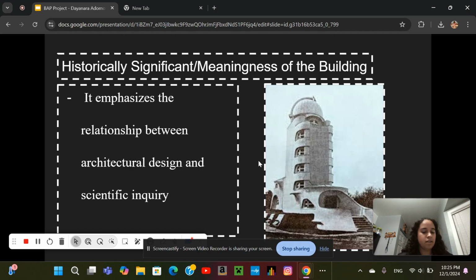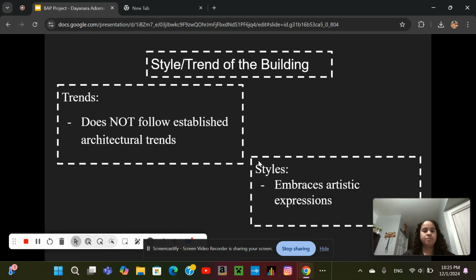As a monument dedicated to Einstein's work, the tower serves as a reminder of the historical importance of his contributions to physics, and contributes to our understanding of how built environments can reflect and support intellectual pursuits.